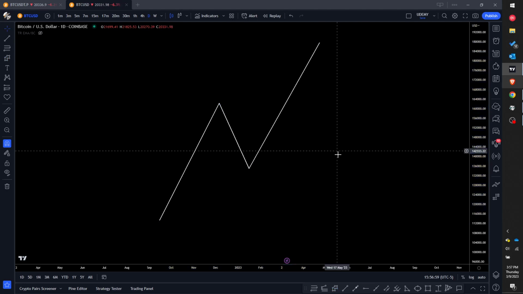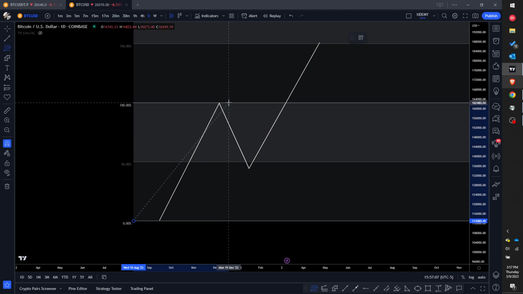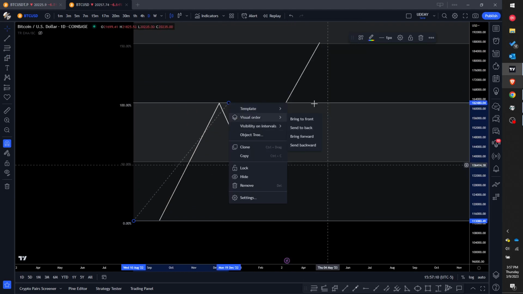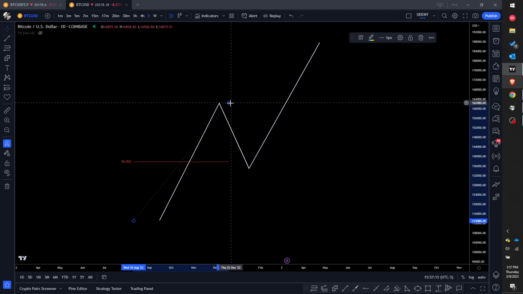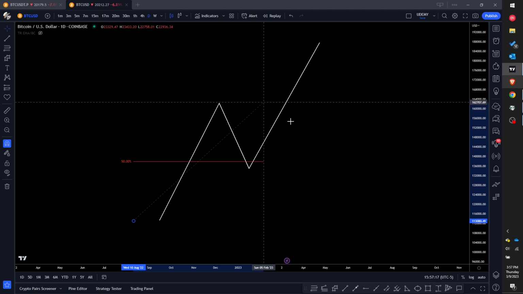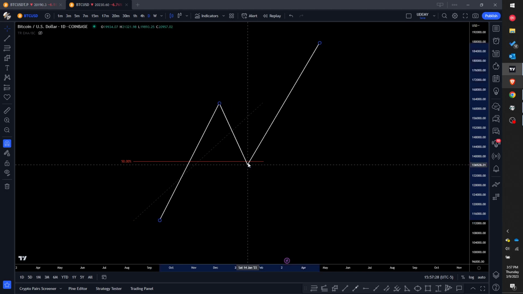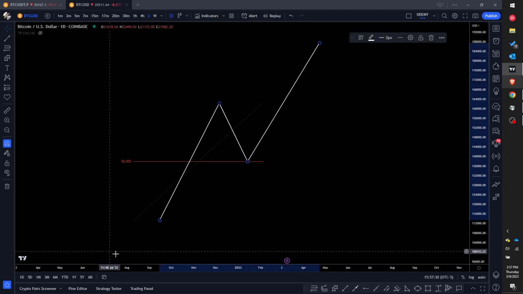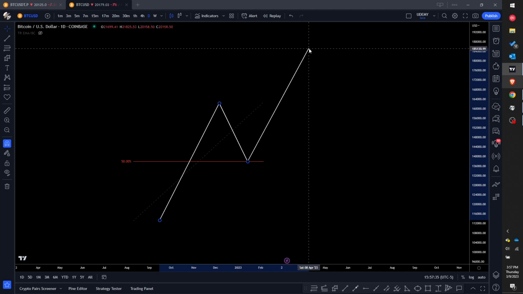And if they measured the distance of the first move, often it would go what they called the halfway back, but we would call it a 50% Fib retracement, for instance. So it would go 50% back, and then the length, so if this is A to B, the length of C to D would often equal it.